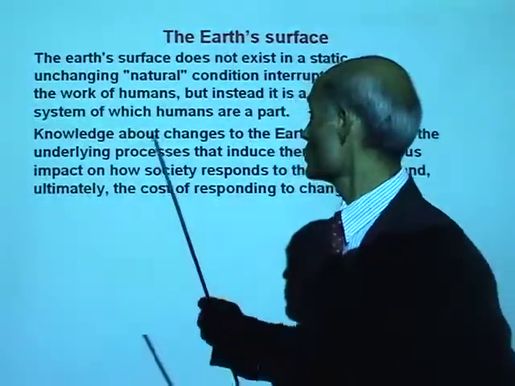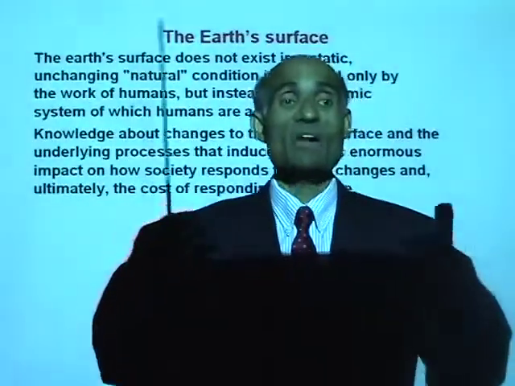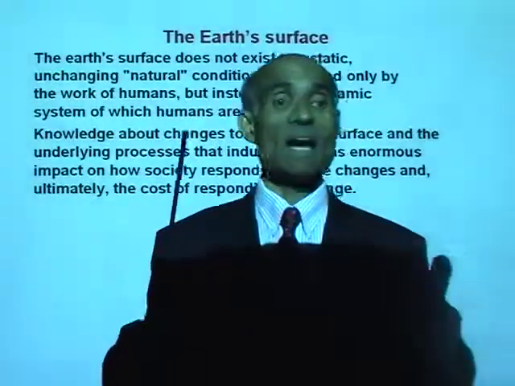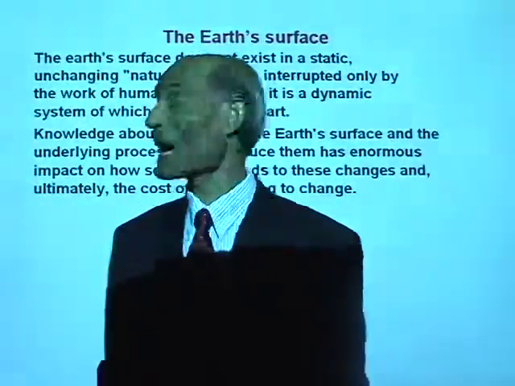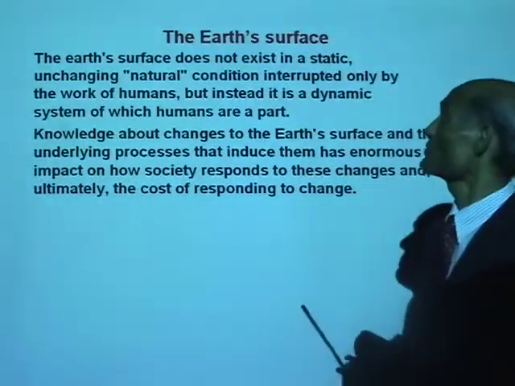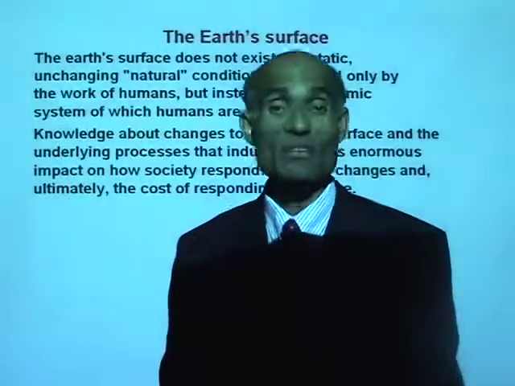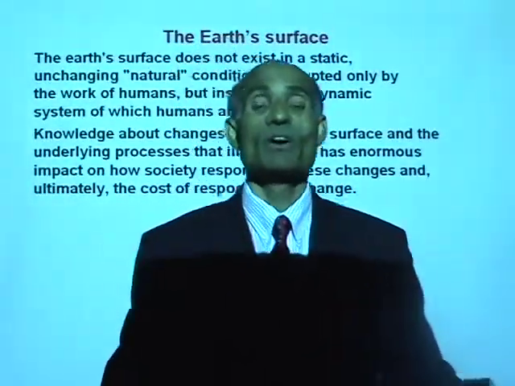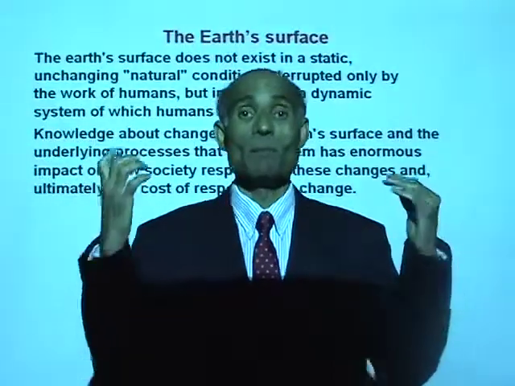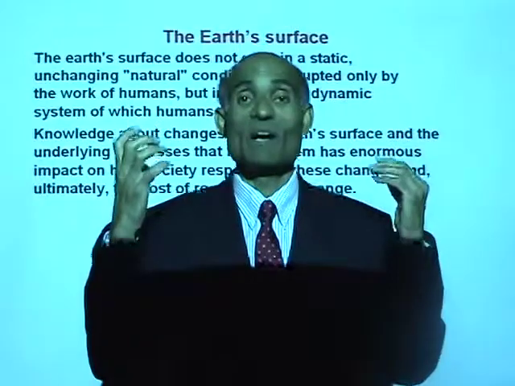Now that means knowledge about the changes to the earth's surface and the underlying processes that induce them has enormous impact on how society responds to these changes and ultimately the cost of responding to change. For example, we live on a surface of the earth that is prone to earthquakes, mudslides, hurricanes, all kinds of natural phenomena.